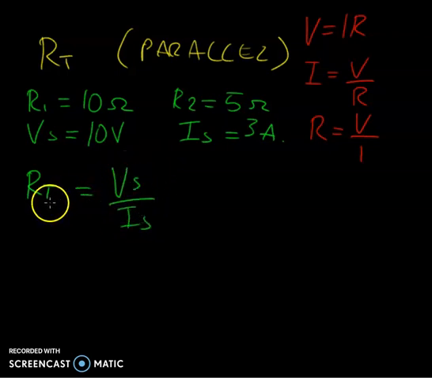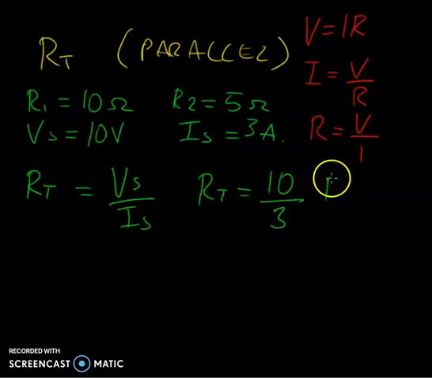So the total resistance is equal to the supply voltage divided by the supply current. So let's put the figures in. RT is equal to 10 volts divided by 3 amps. So RT equals 3.3 recurring ohms. How do you get to 3.3 recurring from 10 and 5? Well, that's the tricky bit.